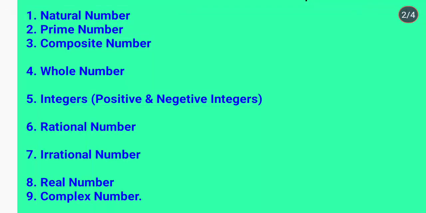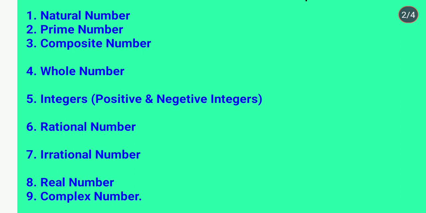Starting from the natural numbers. What are the natural numbers? Natural numbers are the common counting numbers, starting from 1 to infinity.